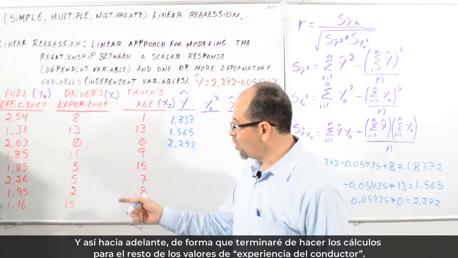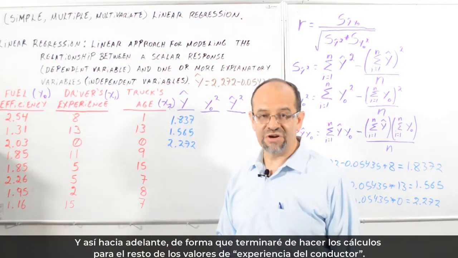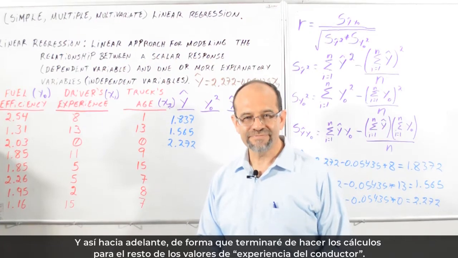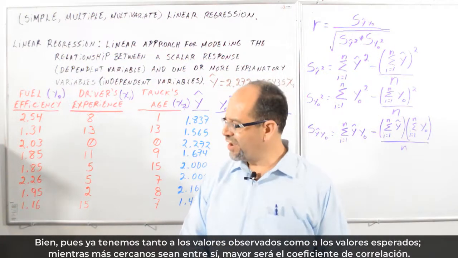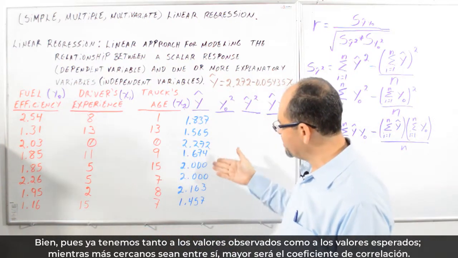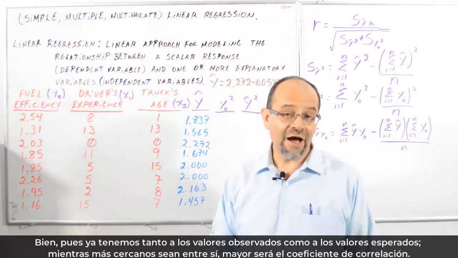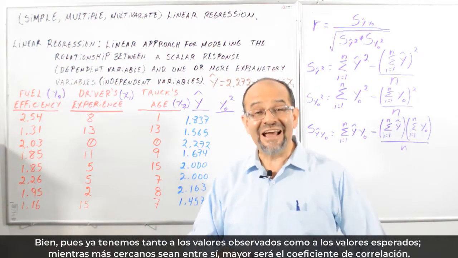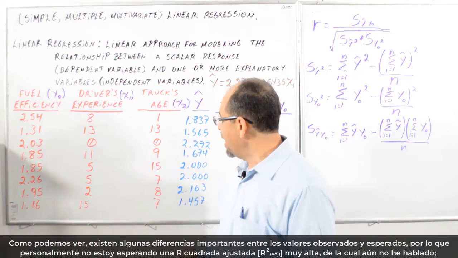And so on. I will continue doing the calculation for the rest of the driver's experience values. Well, we already have the observed values and we have the expected values. The more similar they are, the higher the coefficient of correlation will be.